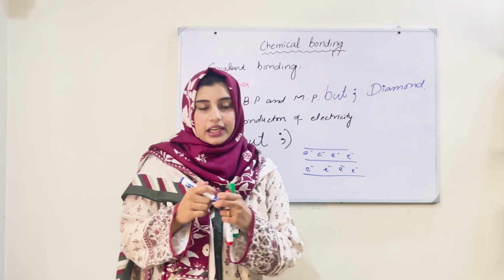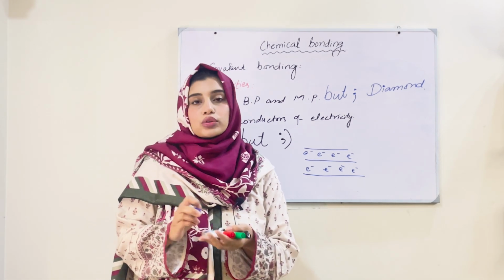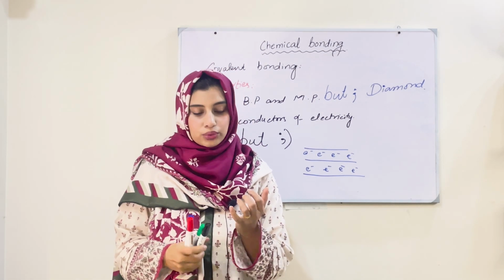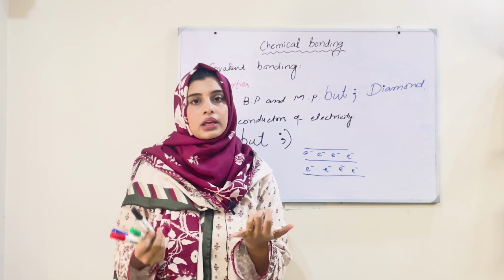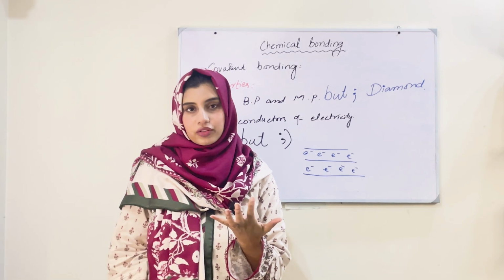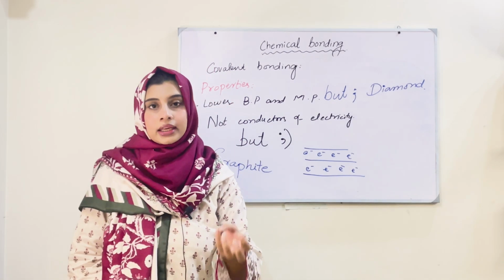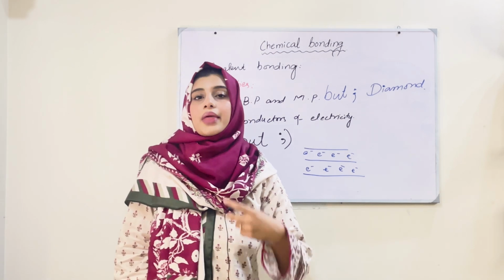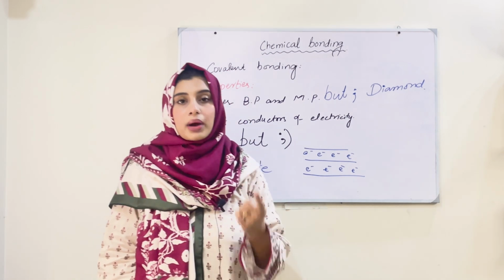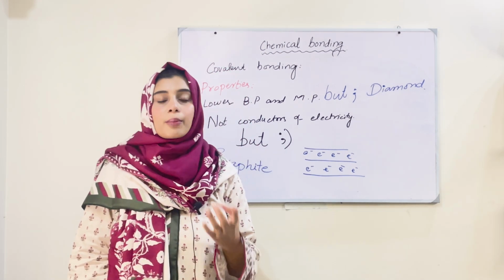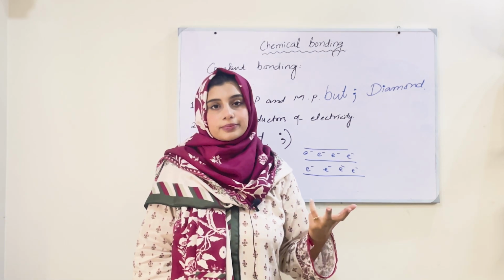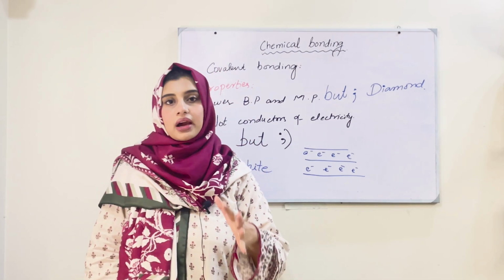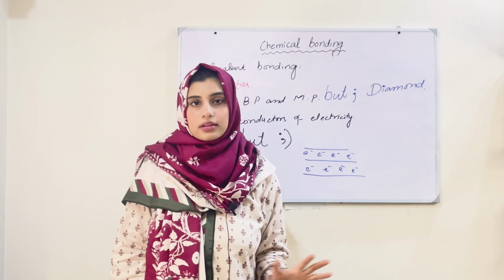Now if I talk about chemical bonding, two topics are clear and I've taught you. First one was ionic compounds. I told you the types of chemical bonding, and then ionic bonding, and then covalent bonding, and then ionic compounds and covalent compounds, simple covalent compounds, complex covalent compounds, and then their properties. So we are done with all of these things till now.